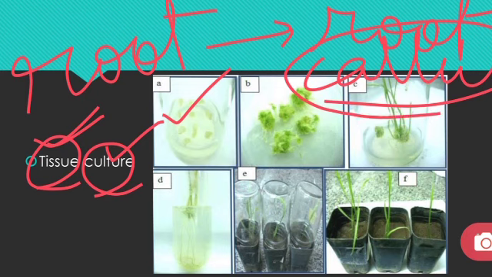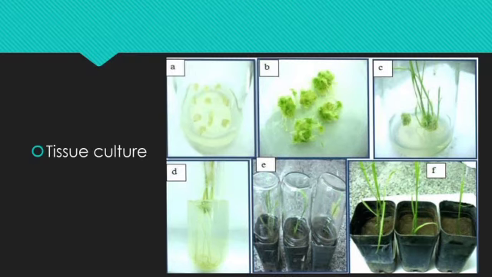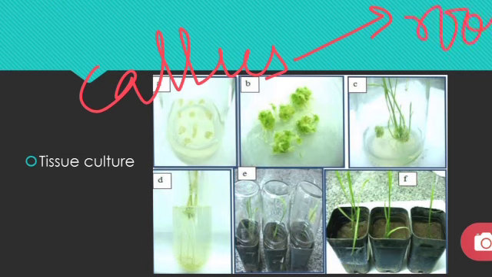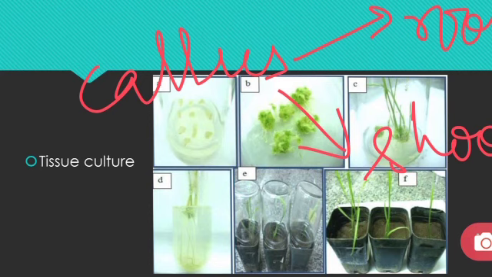Callus is a group of undifferentiated cells. After some days, when this callus is provided with better plant hormones, then the callus will start differentiating to give root system and shoot system.